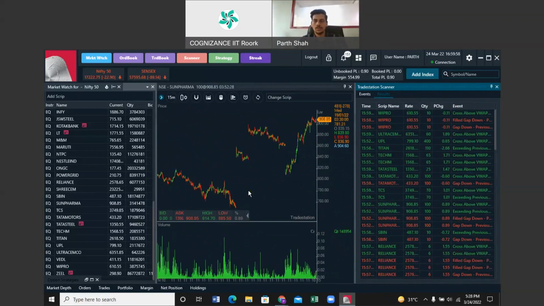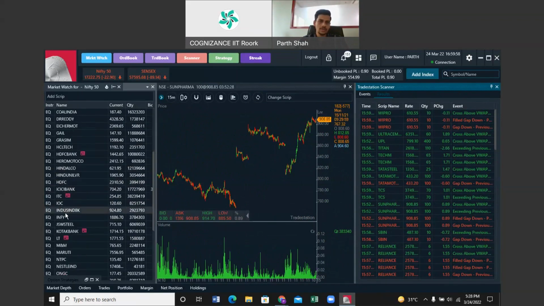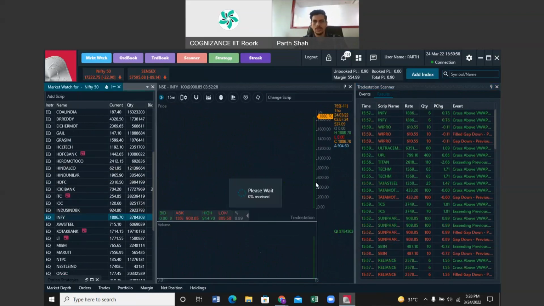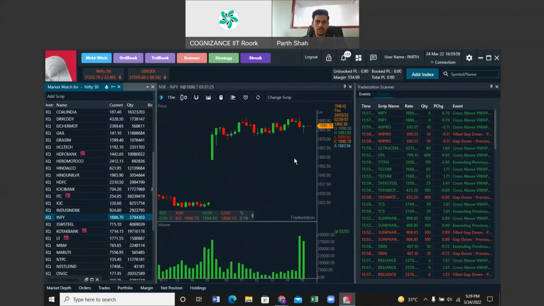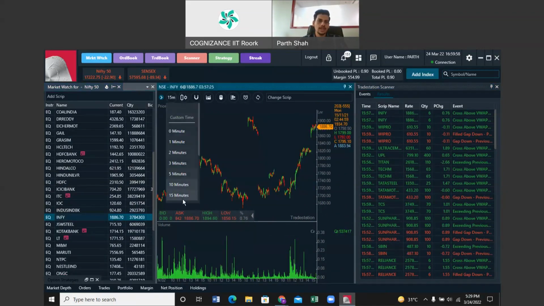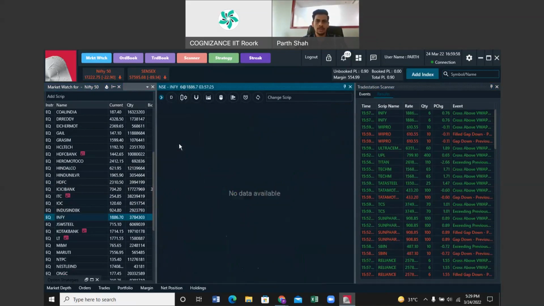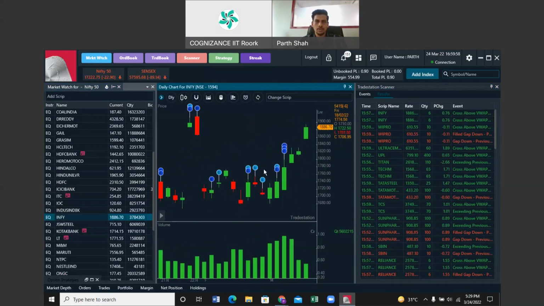So say you are watching the chart of Infosys. I'll just take the Infosys chart, or some simple chart so that everyone understands it. Say the Infosys 15 minutes chart, or I'll take a 1 day chart itself, the daily chart. This is basically the Infosys daily chart.